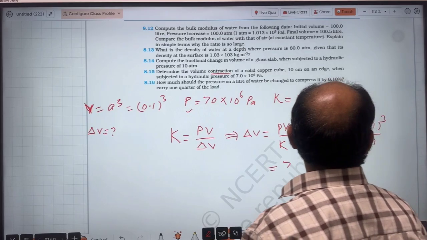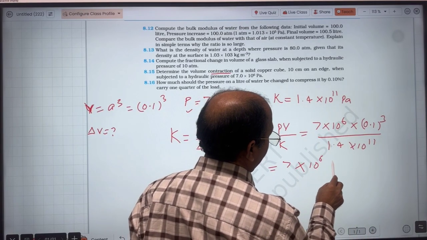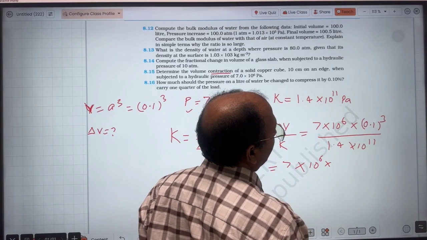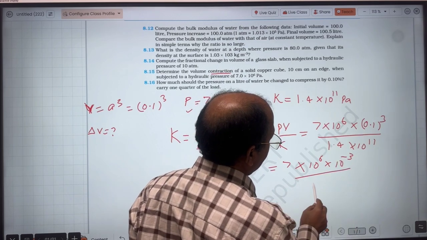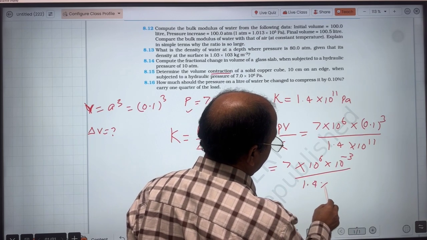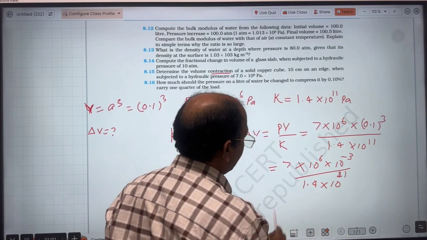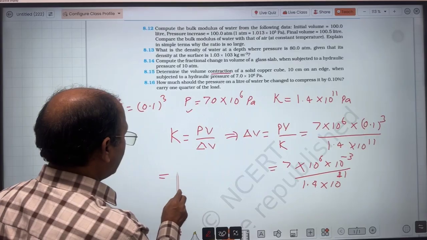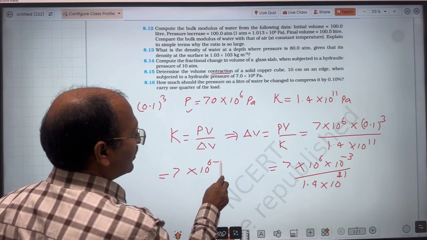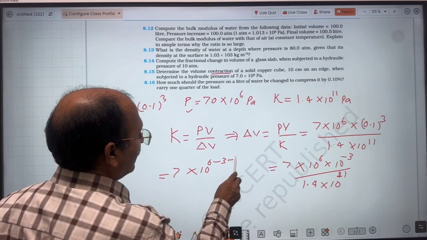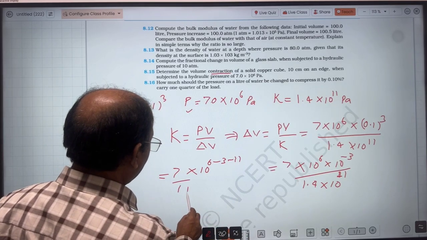Let's simplify. 7 into 10 to the power 6 into here 10 to the power minus 3. I think you have understood how 1.4 into 10 to the power 11. Right. Further simplification can be done. 7 into 10 to the power 6 minus 3 minus 11, from there divide by 1.4.